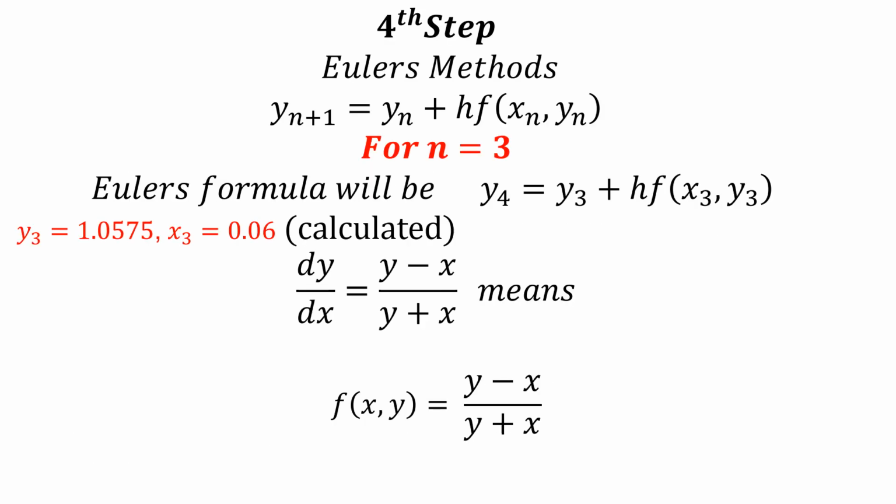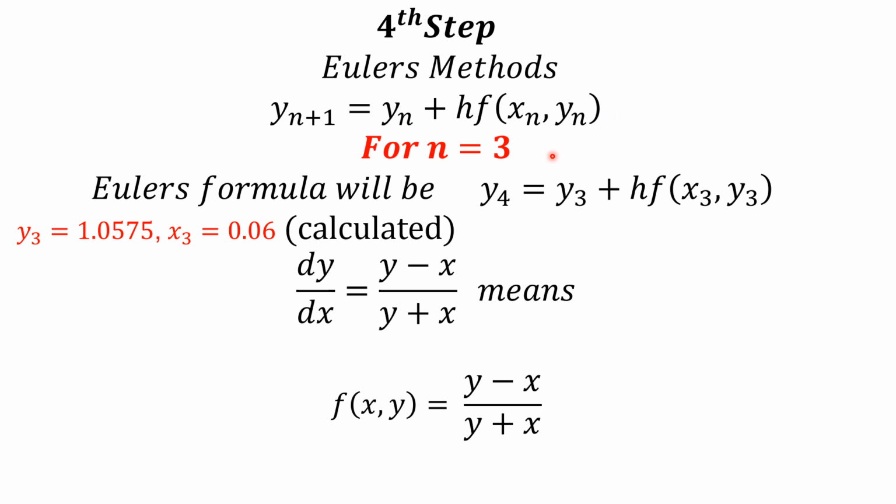Similarly, we can calculate for the fourth step also. Here n is equal to 3. You can see here now y4, y3, and h, f(x3, y3). In this way, we can calculate the different values.